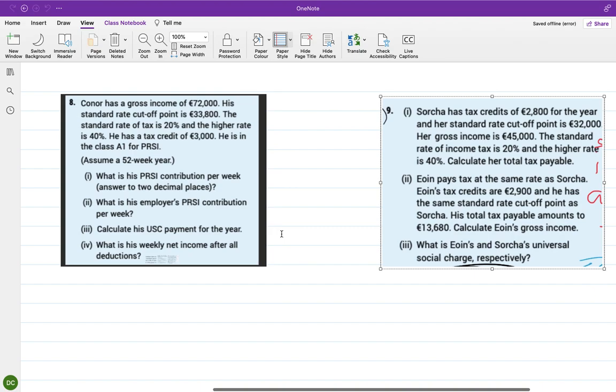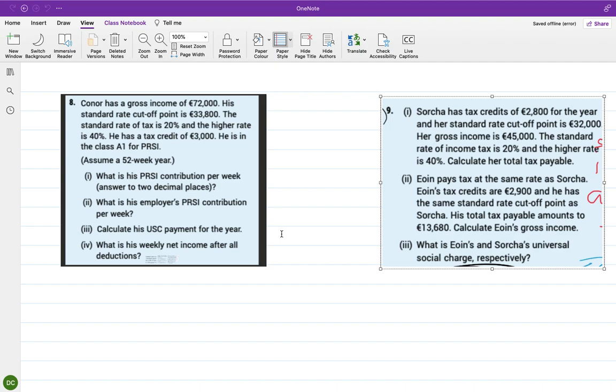This one, Connor has a gross income of 72,000. His standard rate cutoff point is there. 20% standard tax, 40% high tax. He has a tax credit of 3,000, and he is in class A1 for PRSI. Assume a 52-week year.